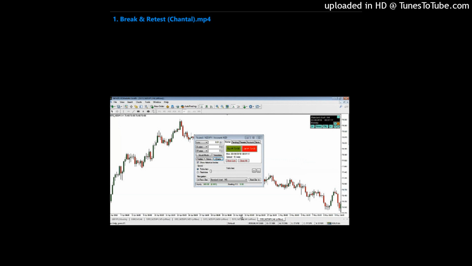What I always do is draw a box. This is an area where I'm looking for trades. If I look at how many pips are left from this point to this point, that's only 10 pips. So for me right now, nothing much going on.